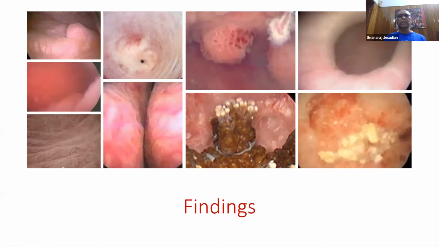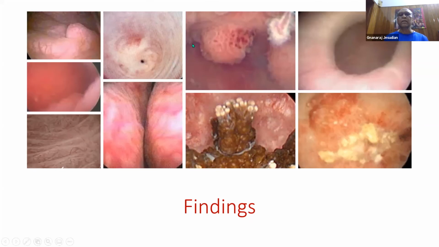And this picture slide shows a lot of pictures of what you can find. Like what you see here is a stricture. So normally the urethra is about 1 centimeter in diameter. If there is a stricture or narrowing, it can be very small, up to 1 or 2 millimeters only.